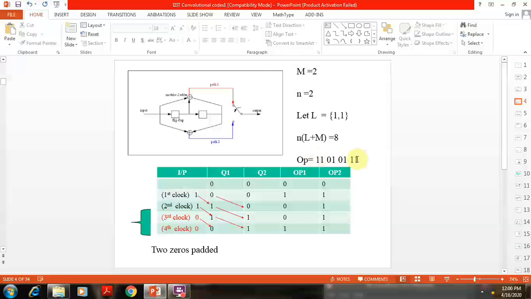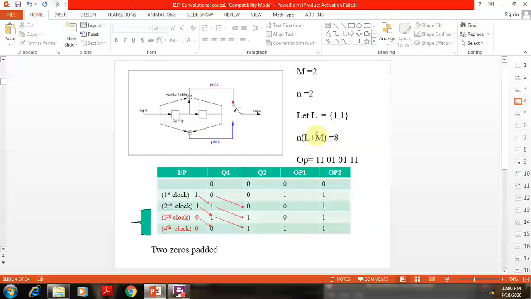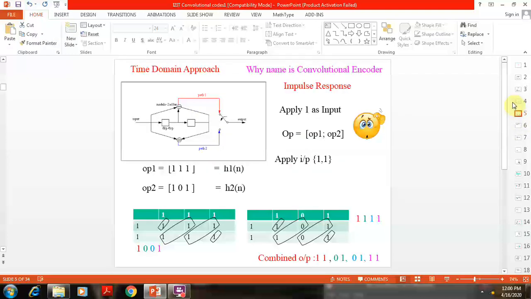So I am getting an 8-bit output, which we have already calculated, n into L plus m. L is the number of message bits, which is 2. M is the number of shift registers, so 2 plus 2, 4, and n is the number of adders. So 2 into 4, which is 8. So this is how the operation of the convolutional encoder will take place.